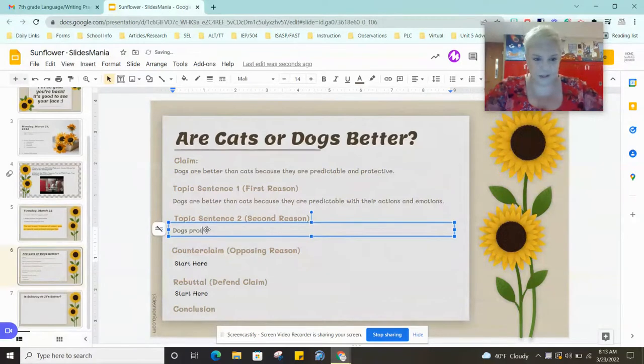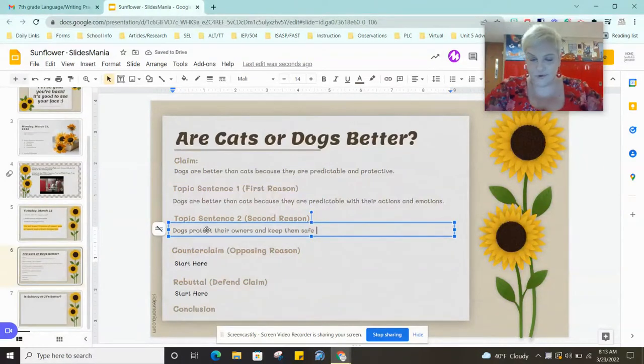Dogs protect their owners, which makes them a better pet than cats because, or dogs protect their owners and keep them safe.